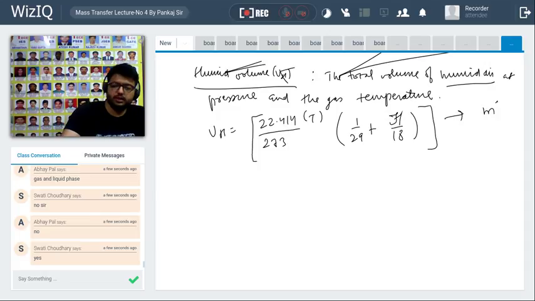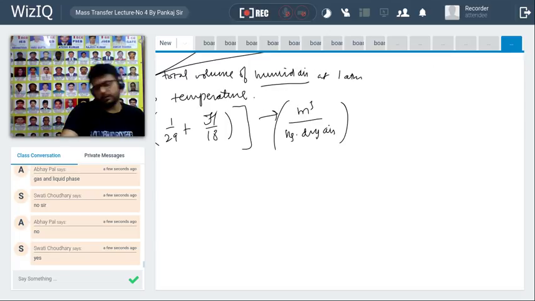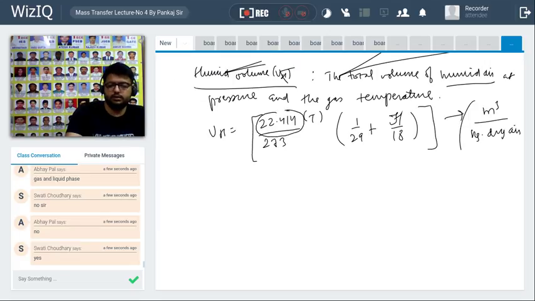The units are meter cube per kilogram of dry air. 22.414 is the molar volume at STP. So this is to account for the volume, then into temperature, because PV is equal to nRT.